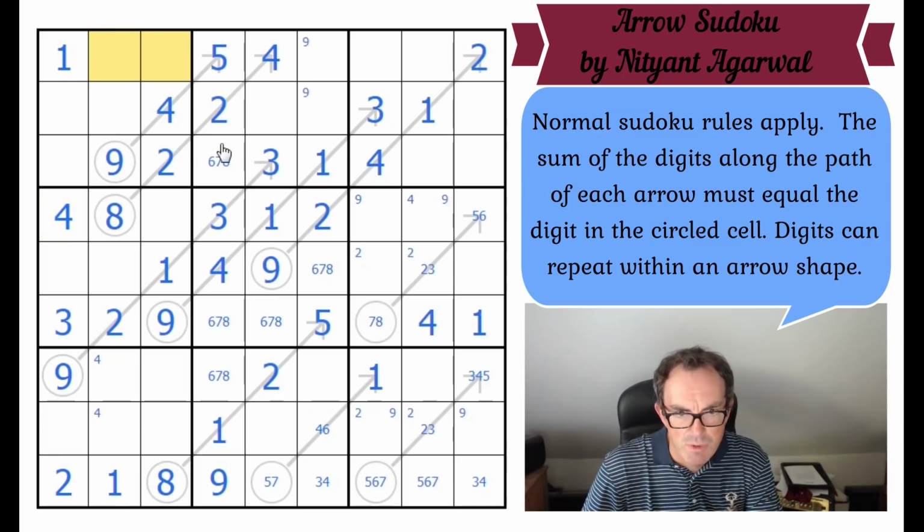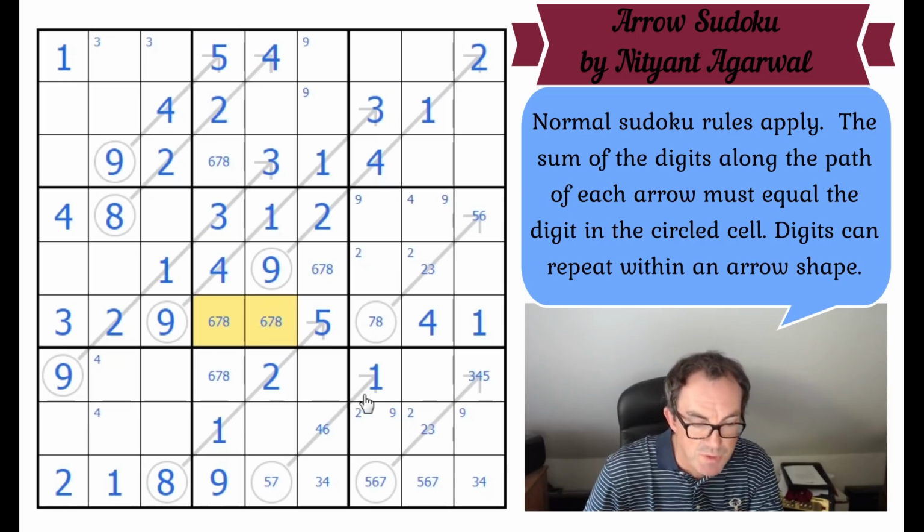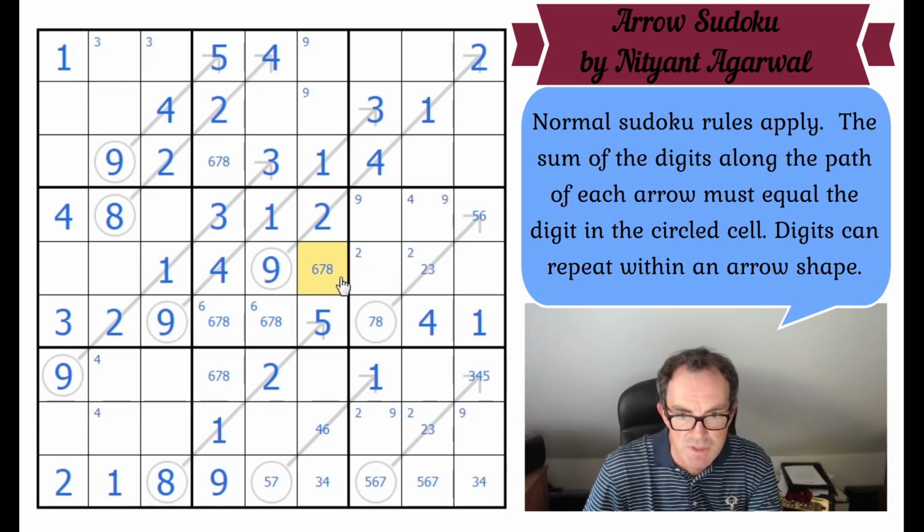Three has got to be in one of those 2 cells by Sudoku. Again, that's these 3s interacting. There's got to be a 6 in one of those 2 squares, because we know this can't be a 6. That means there's no 6 in this square. It's got to be an 8 in one of those 2 squares.